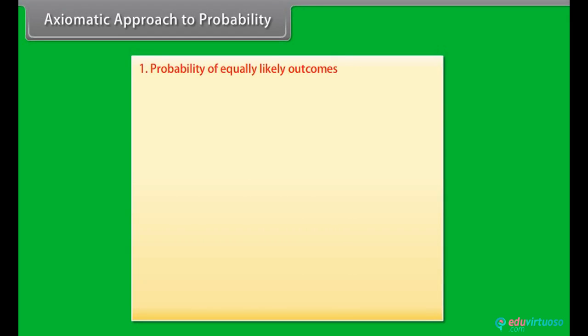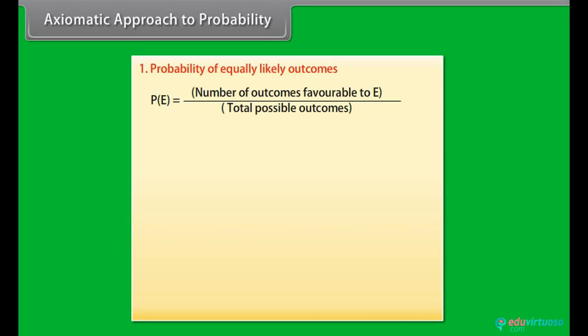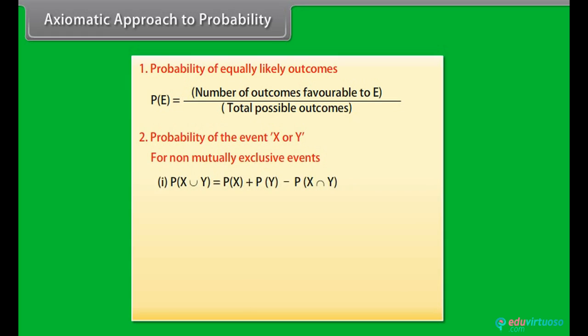Probability of equally likely outcomes. PE is equal to number of outcomes favorable to E by total possible outcomes. Probability of the event X or Y. For non-mutually exclusive events, P(X union Y) is equal to P(X) plus P(Y) minus P(X intersection Y).